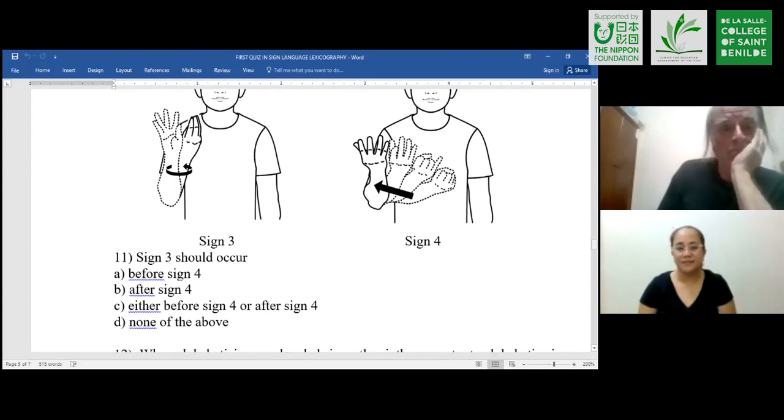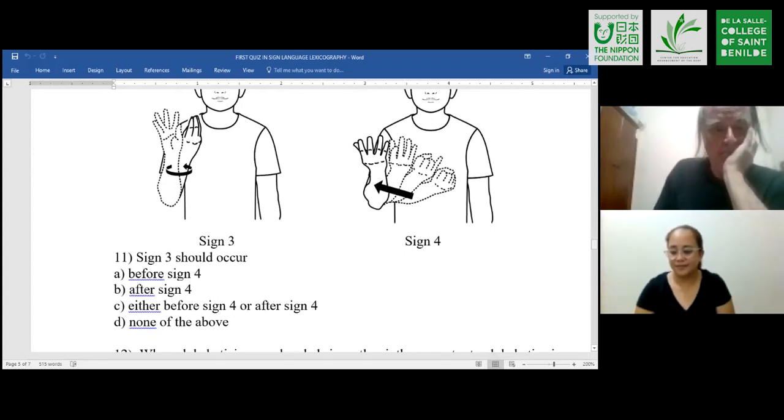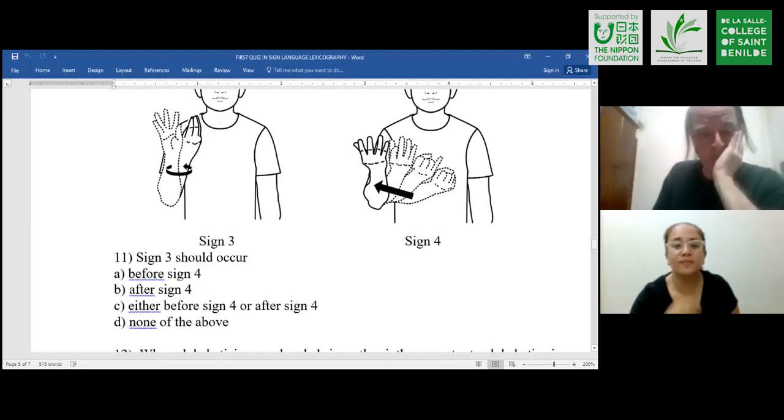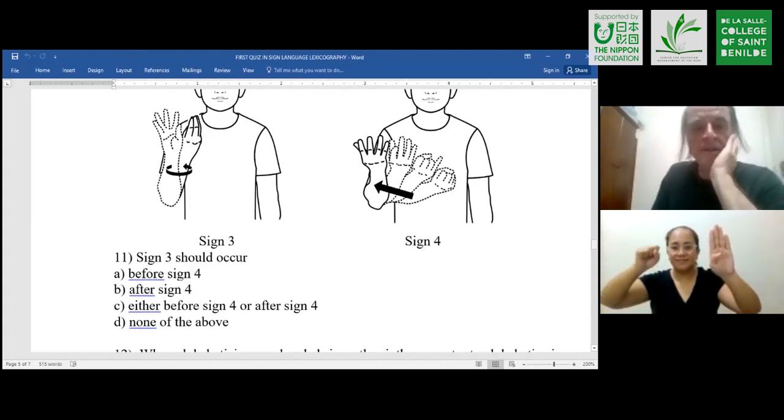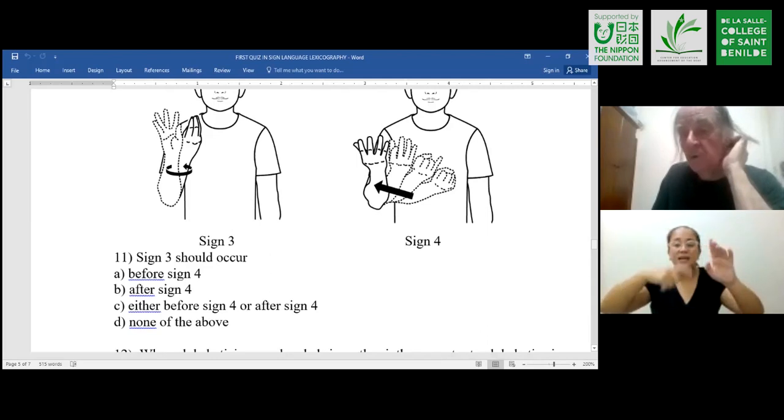Nat said, I'm confused. That's why I answered B. But everybody else is saying A. Sign 3 should occur before sign 4. Now Jasmine's answering B. Yes. It should be sign 4 followed by sign 3.